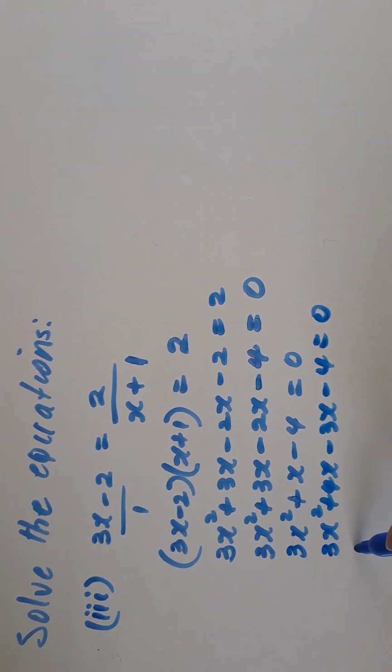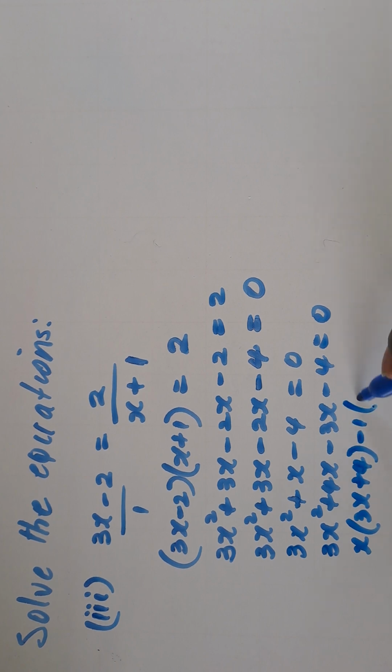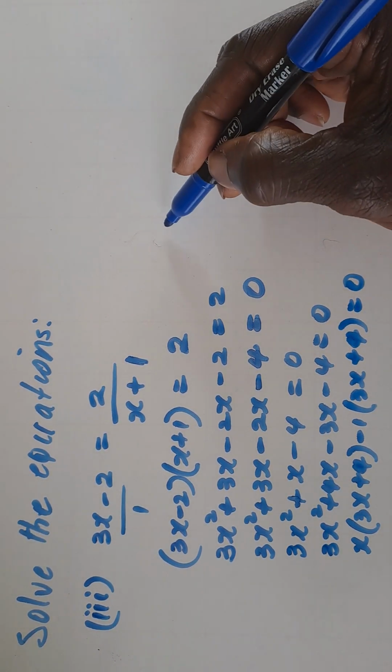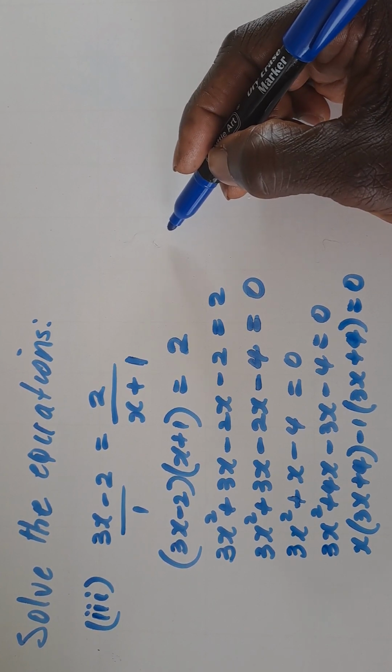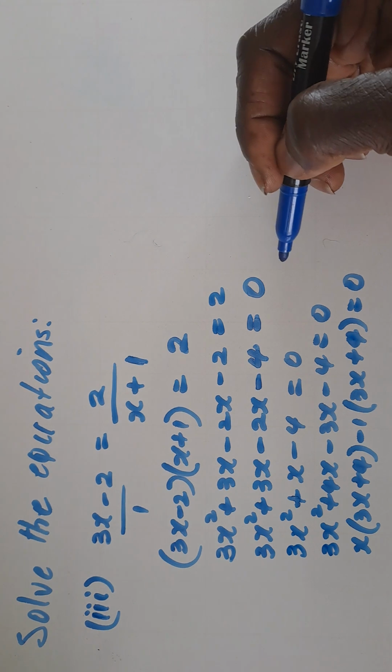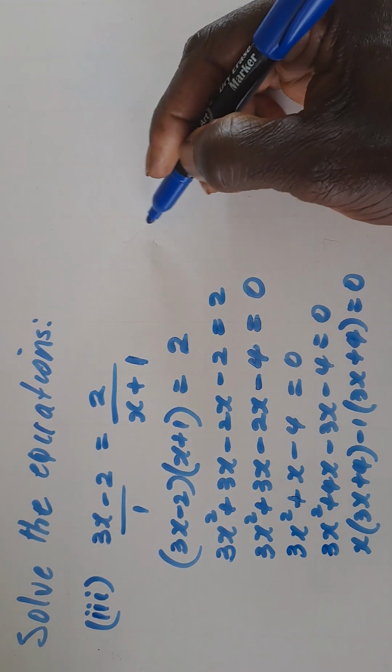We can factorize this to give us x into 3x plus 4 minus 1 into 3x plus 4, equal to 0. And further to this, 3x plus 4 is common to x and to negative 1.